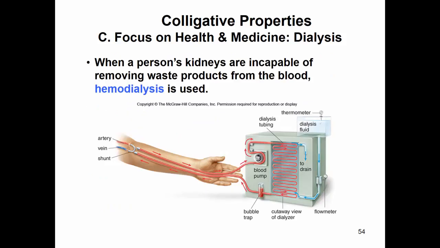This is a process where osmosis is used. When a person's kidneys are incapable of removing waste products from the blood, hemodialysis is what is used. This person's blood goes into the dialysis machine, and through this machine they are able to filter the blood. There's a semipermeable membrane in this dialyzer here, and it can even be cellophane.